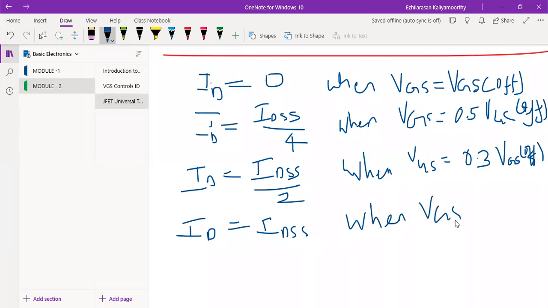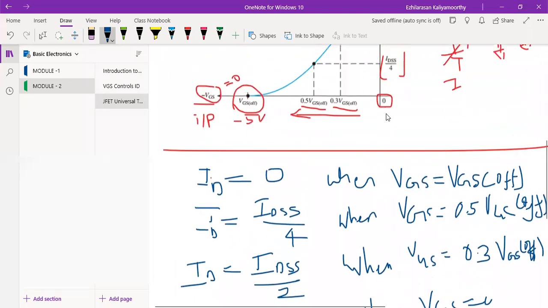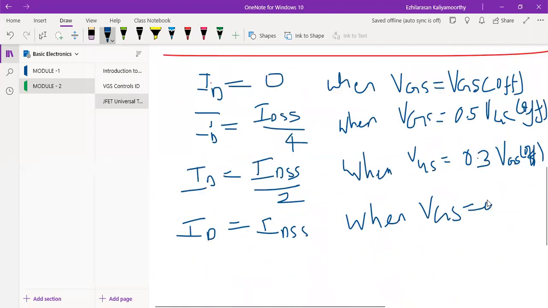All these things I'm writing from this graph only.